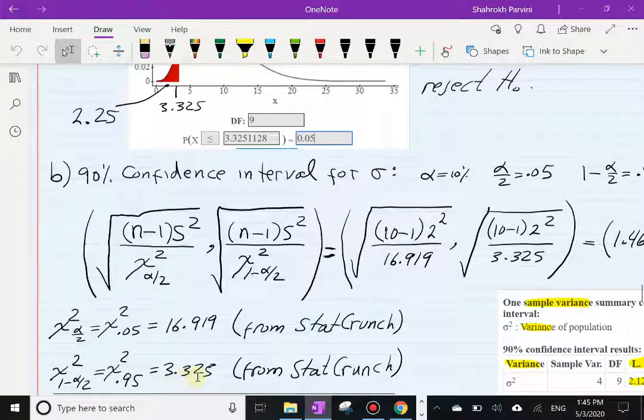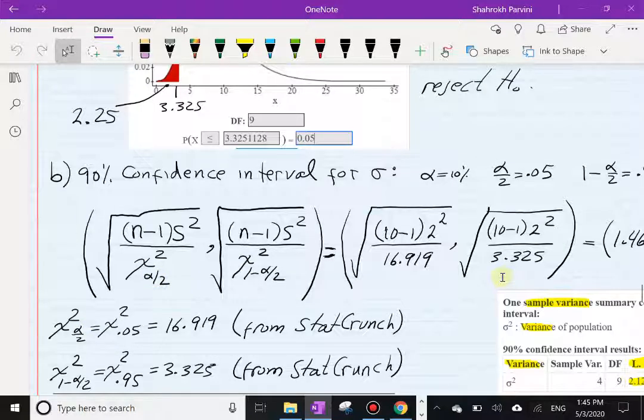And I got 3.325, both of those numbers, and I plug them in. Sample size 10, sample deviation was 2. So the numerators are identical, it's just the denominators are different. So the lower number, which is 3.325, goes with this one. The higher number goes with 0.05.